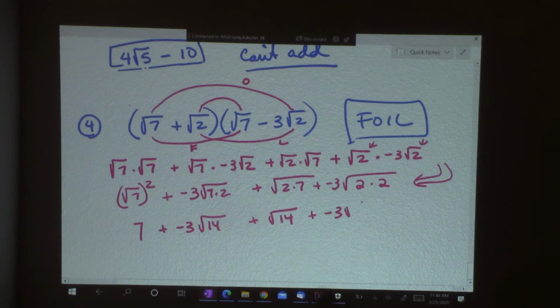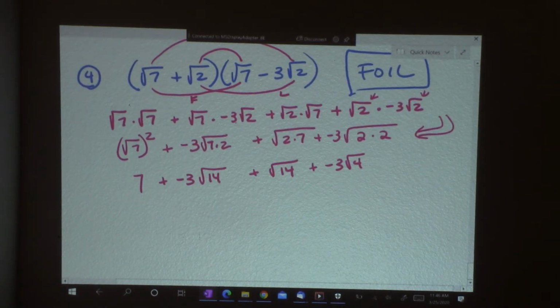It's 4. And what is the square root of 4? Well, that is 2. So I actually have negative 3 times 2, which is negative 6. So that one took a little bit of extra work, so I'm going to write down everything else. So it's all in one straight line.